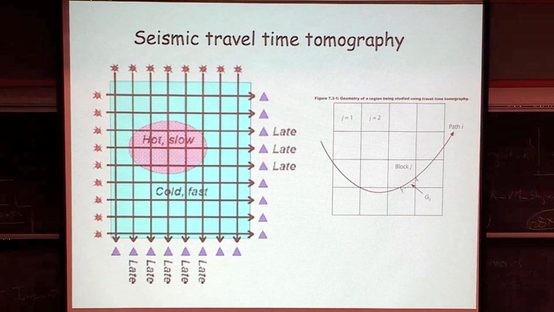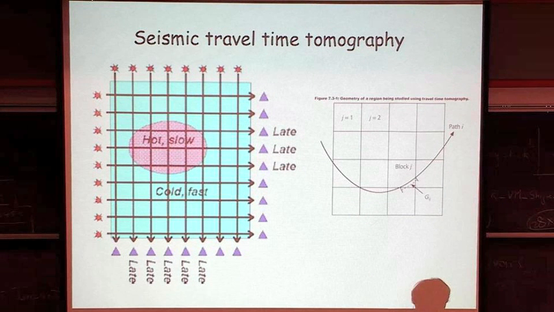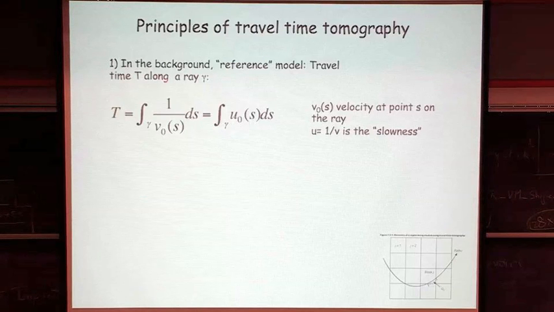You have a background model which tells you, to first order, how the ray paths are going to be, and then you set up a tomographic inversion in that model. So the principle kind of is this. Now let's turn this into equations. So in the background reference model, the travel time t along a particular ray gamma is the integral over the ray of the travel time along an infinitesimal length ds, which is ds divided by the velocity in the model.